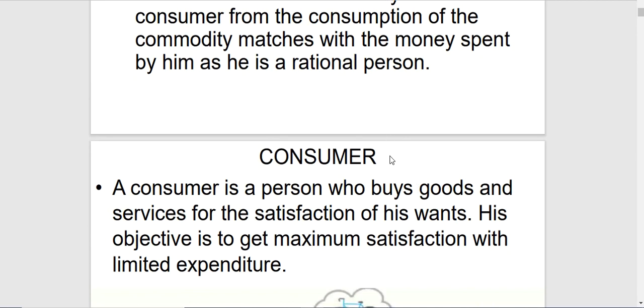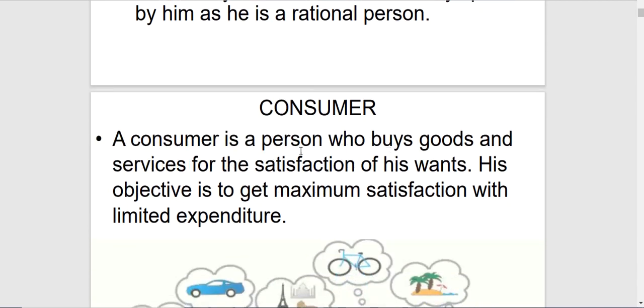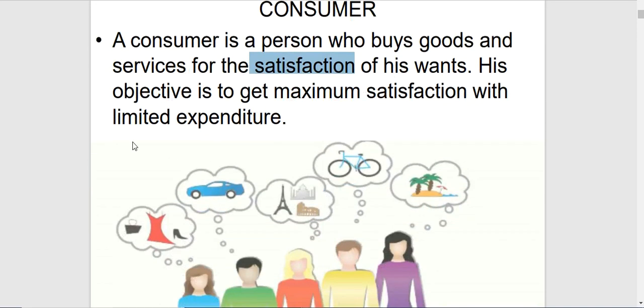Let us now first understand the meaning of a consumer. Who is a consumer? A consumer is a person who buys goods and services for the satisfaction of wants. His objective is to get maximum satisfaction with limited expenditure.